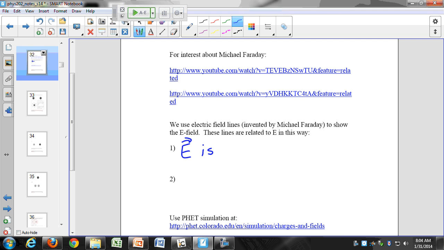The electric field is tangent to the lines. And the magnitude of the electric field is denoted by the density of the field lines.